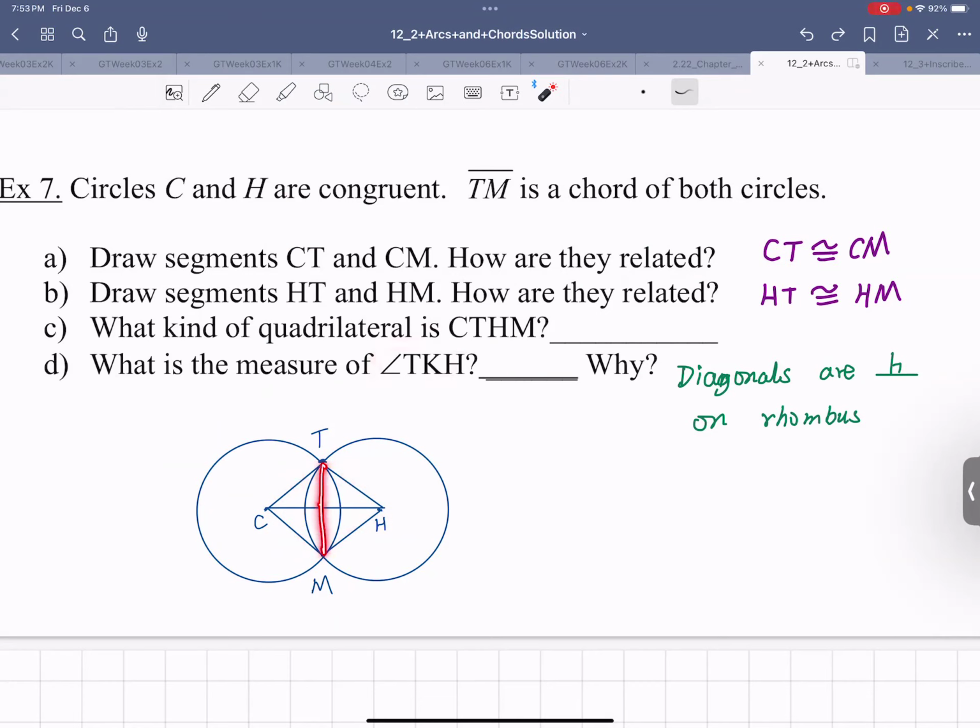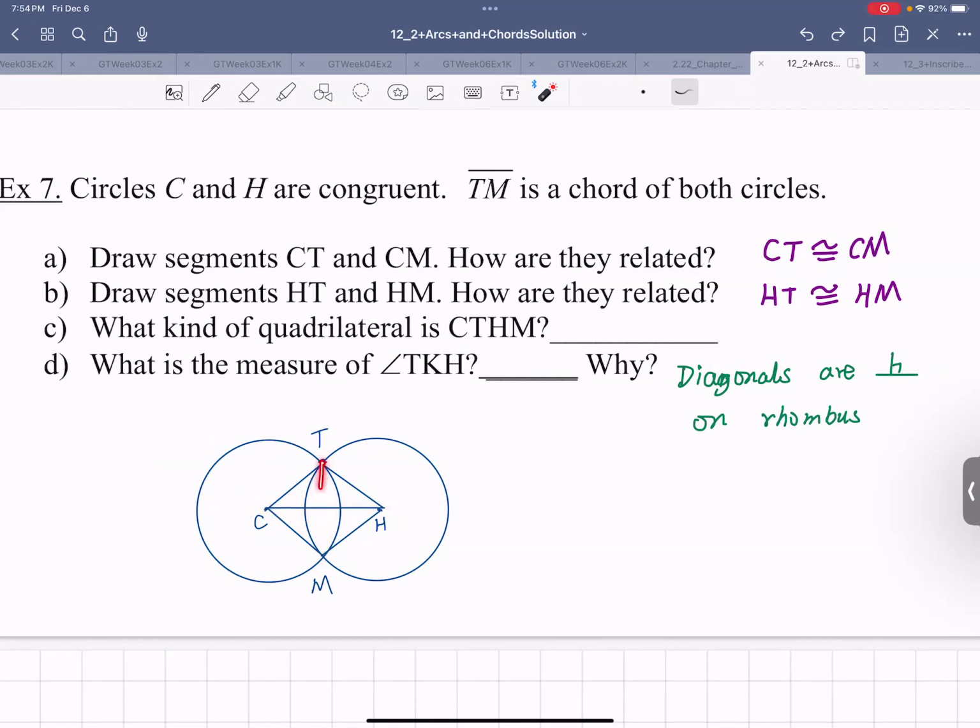And next, the angle here, TKH. How much is this angle? What do you think? How much? 90? Yes, because the diagonals of the rhombus are perpendicular to each other.